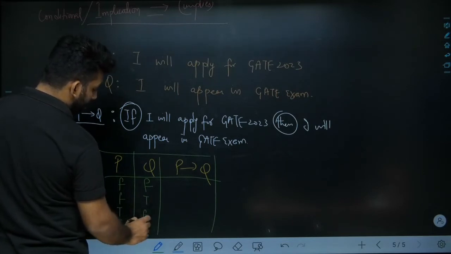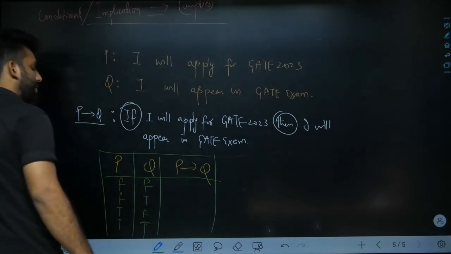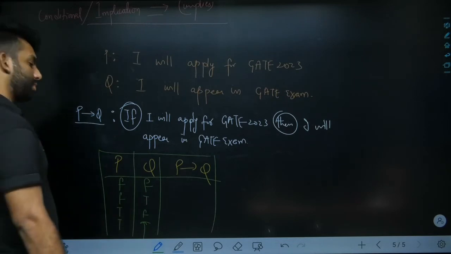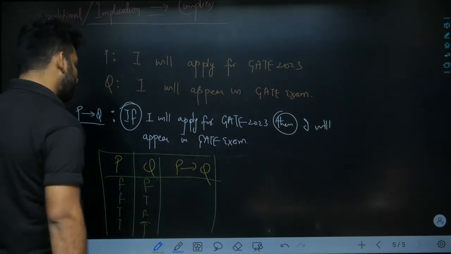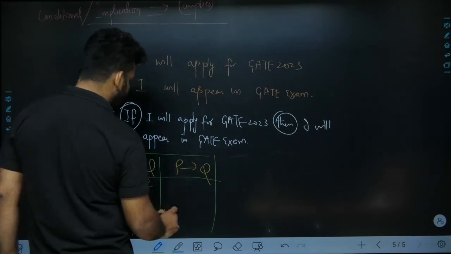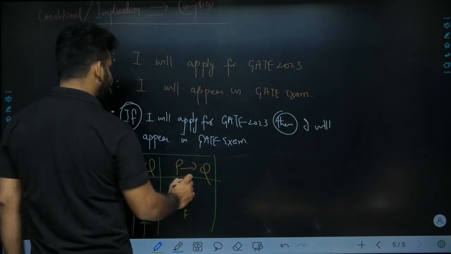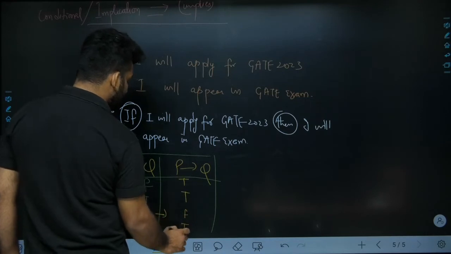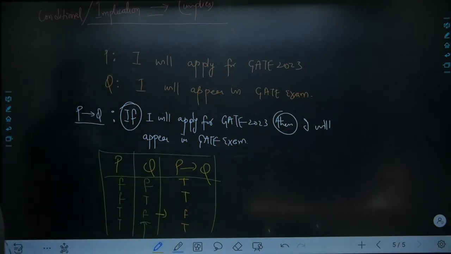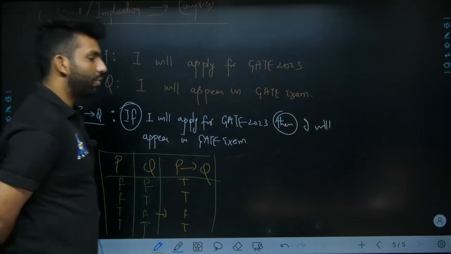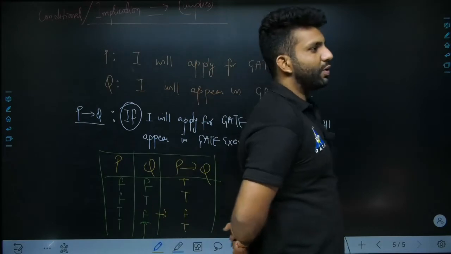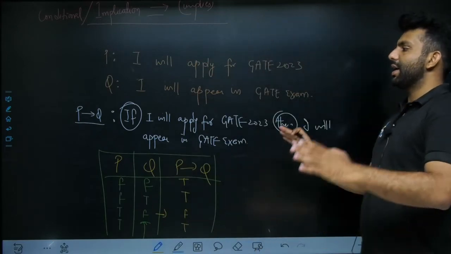This is true, this is true. Let's see what will be happening. Just remember, only this case will result in false. Otherwise, it will always be true. True implies false. If this is the truth value, then the implication will have the false value. Why so? We'll understand this. Just wait for the moment. You can just simply write it and then grasp it.